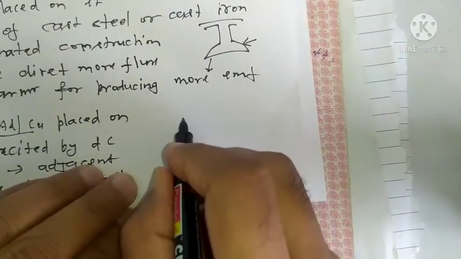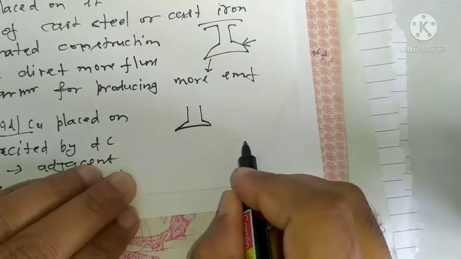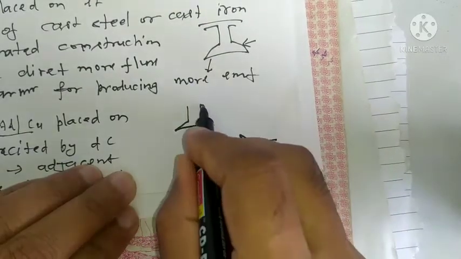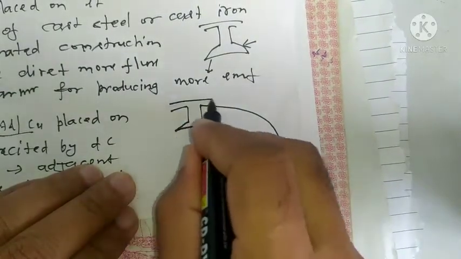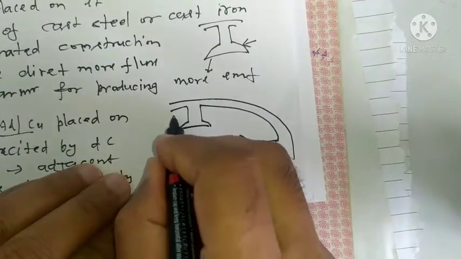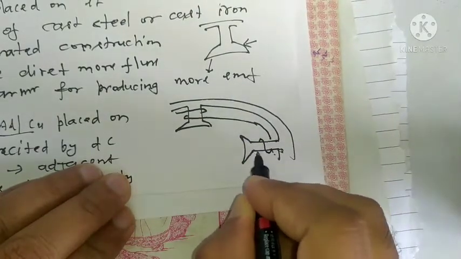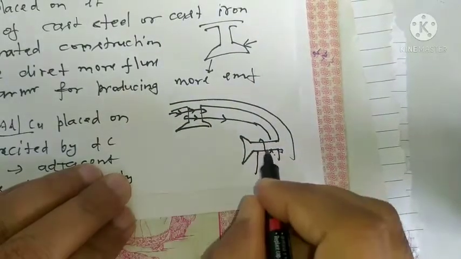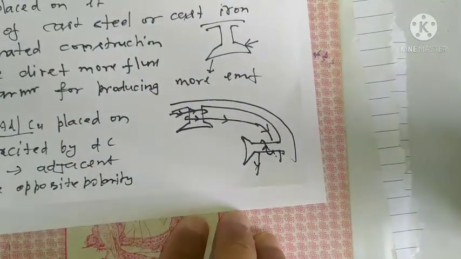How can we see this? By a simple winding on two adjacent poles. These are the two adjacent poles, and this is the yoke. The winding is placed here like this. Here current is flowing in this direction, and in this case current is flowing like this. If I apply the right hand thumb rule, the flux direction will be upward here.